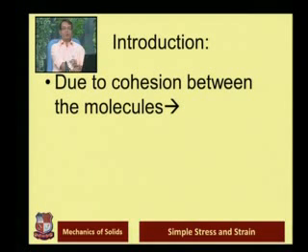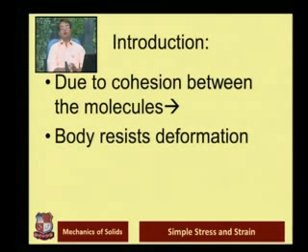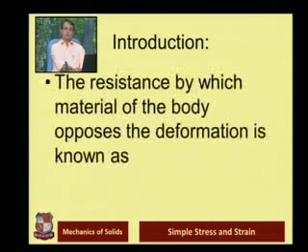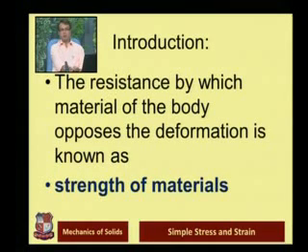Now, due to cohesion between the molecules of the material, the body resists the deformation. The resistance by which the material of the body opposes the deformation is known as strength of materials. The concept of strength of materials is very important for designing purposes.